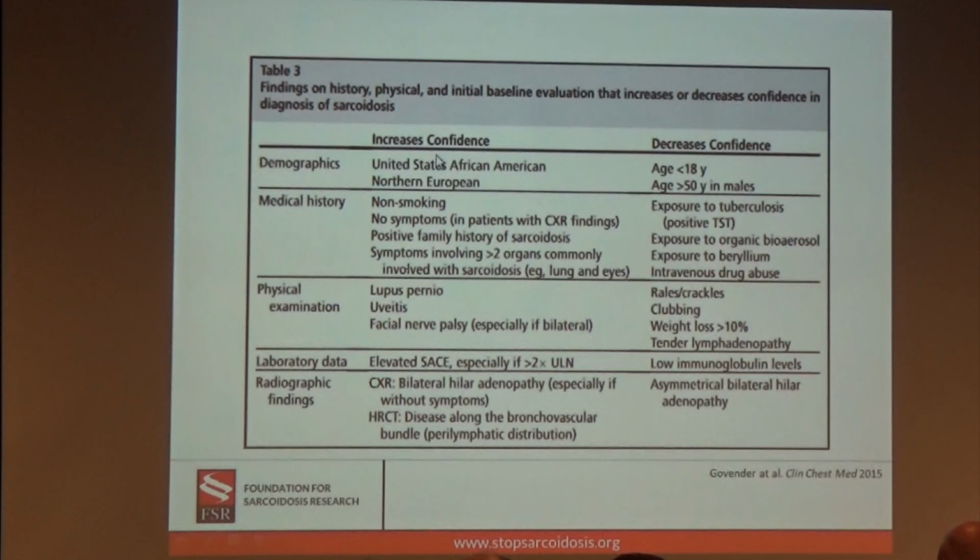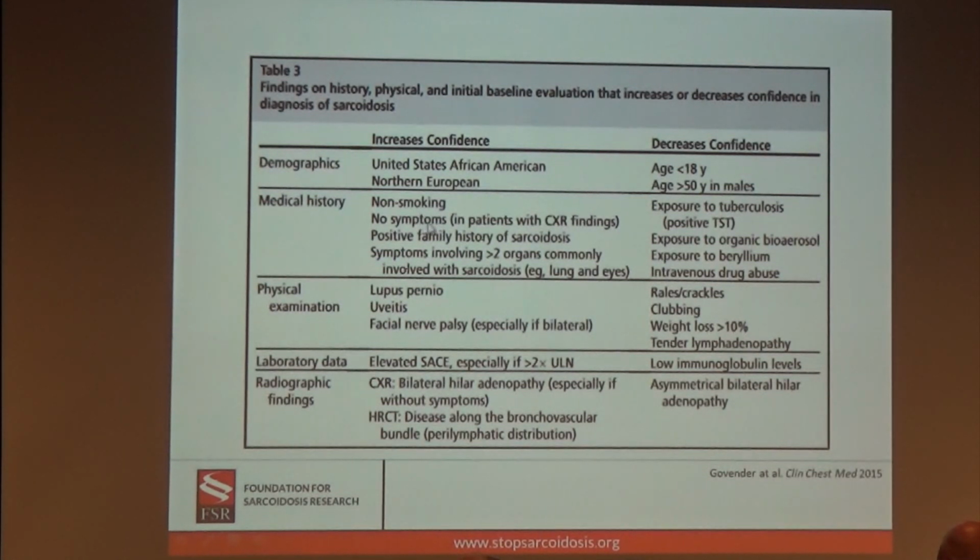Things that increase your confidence that your patient has sarcoidosis: if you're a United States African American patient, or of Northern European descent, if you've been a non-smoker, if you don't have symptoms, if you're symptom-free but you have findings on your chest x-ray, that gives you more confidence that your patient could have sarcoidosis.